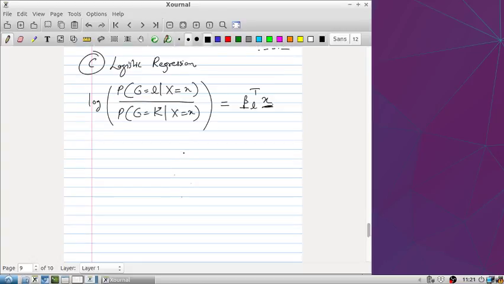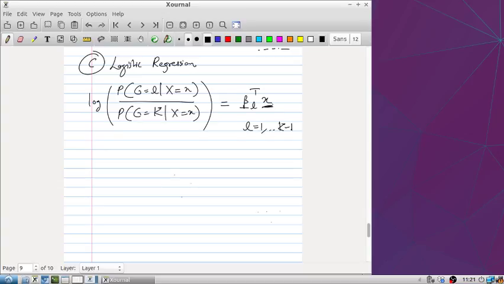Because I have to assume ratios of things, I can keep changing L at the top from 1 to K minus 1, because if I set K, then the ratio is 1 and 0 doesn't make sense. So I can make this assumption for L equal to 1 to capital K minus 1.